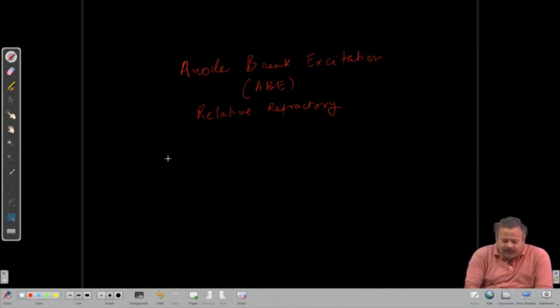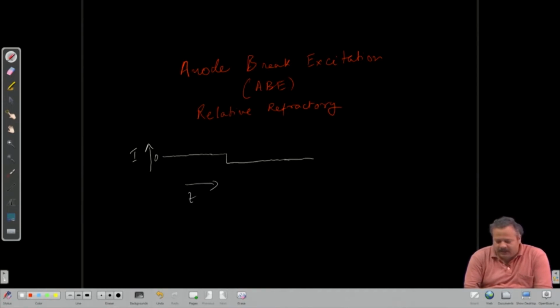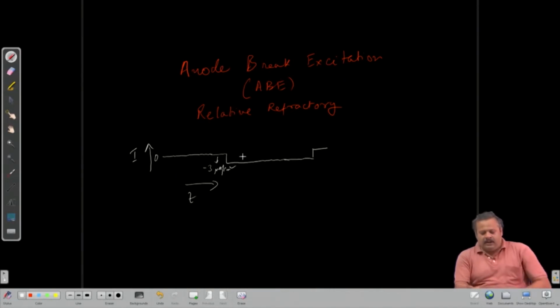So, here is how it would look. Let us say this axis is the current and this axis is time, and this is 0 current and we have a current clamp that would look somewhat like this, that is, we are injecting a negative current, let us say minus 3 microamp per centimeter square.